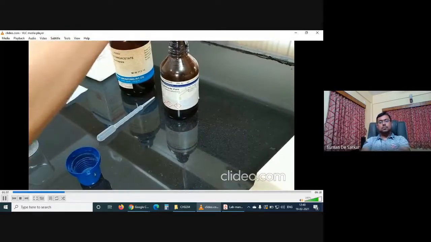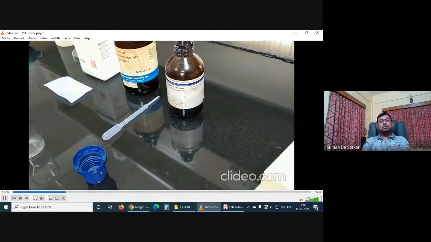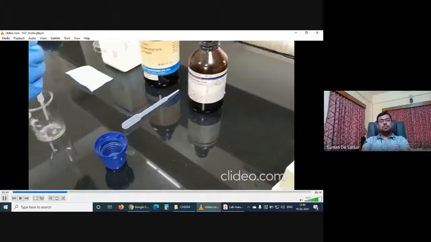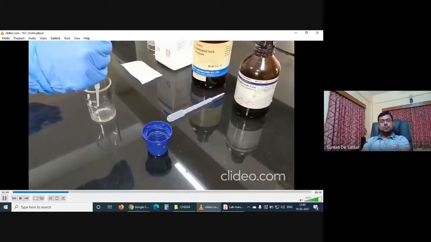So we are placing 1.2 ml of para-anisaldehyde in a 100 ml beaker.